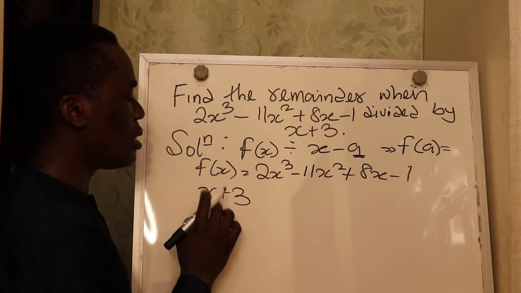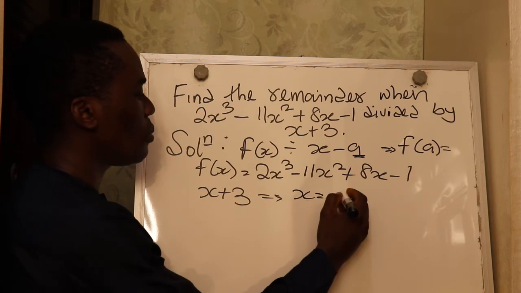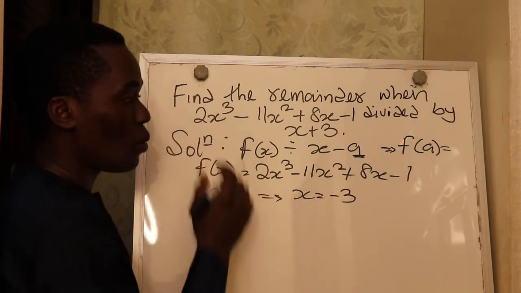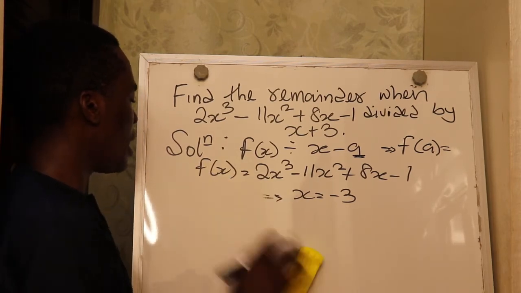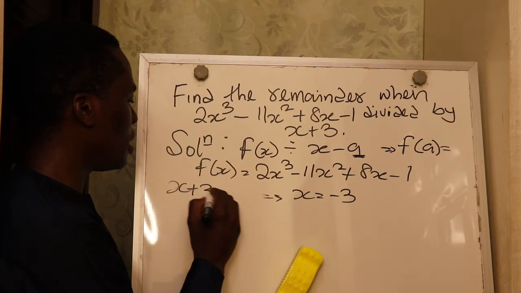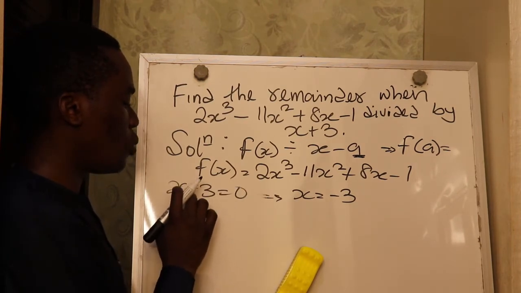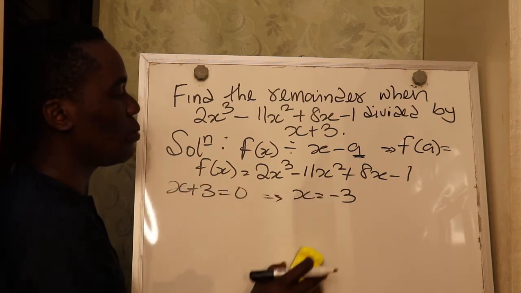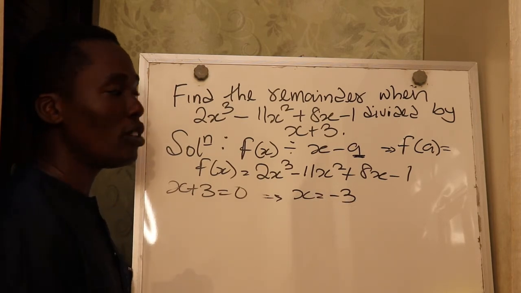If we want to get the value of x, we make x + 3 equal to 0, so we can find the value of x. Taking the plus 3 across the equal sign gives a negative value. So our x will be equal to -3.